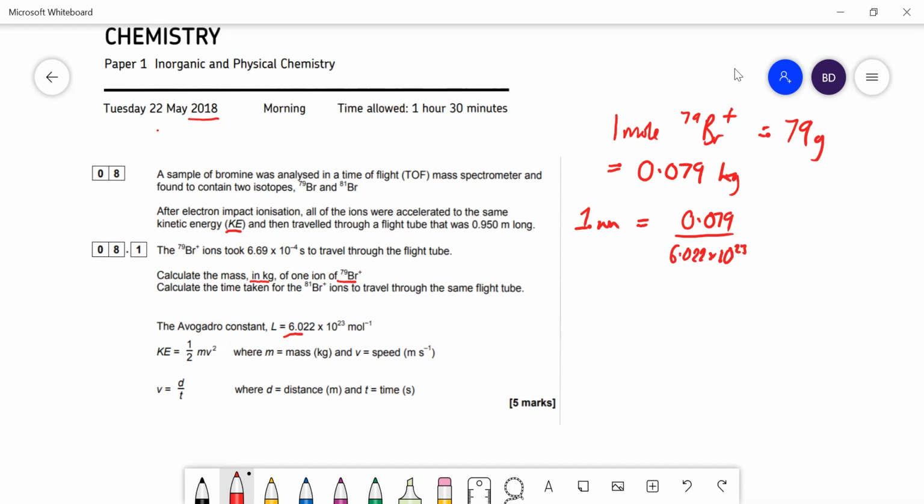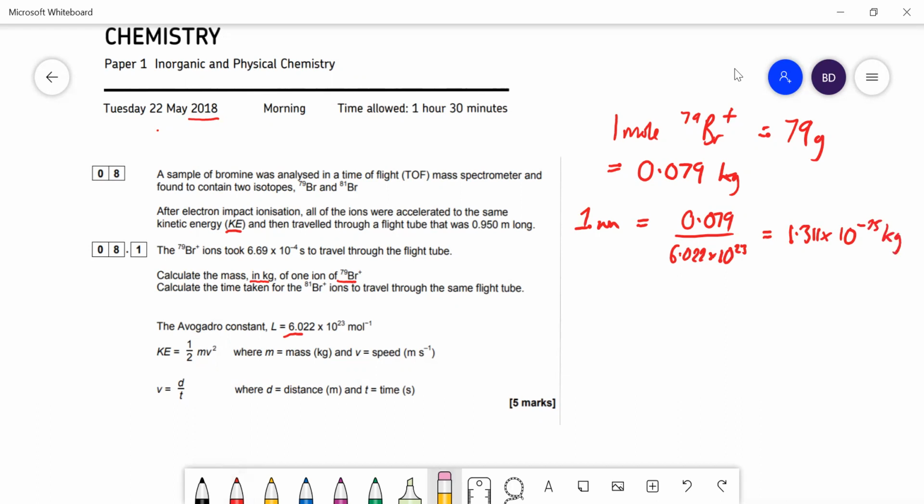So divide the mass of 1 mole by the Avogadro number, and that will give us 1.311 times 10 to the minus 25 kilograms. Okay, that's the first part of that calculation done.